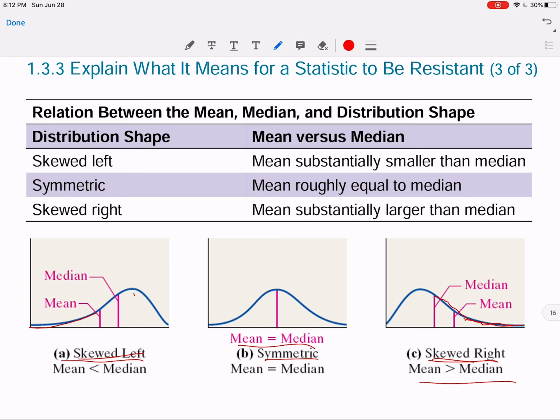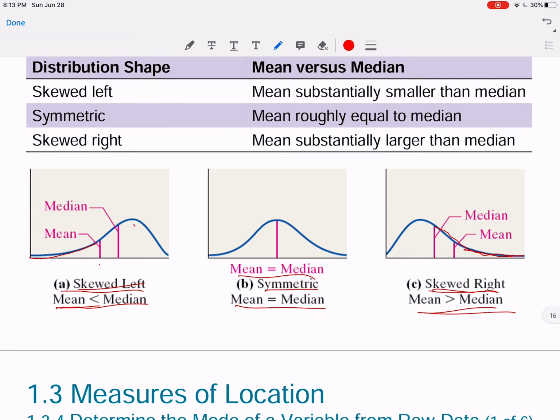So in this case, the mean is on the left of the median. Of course, the mean is less than the median in this case. So that's how we got it. If it's skewed left, the mean is less than the median, and if it's symmetric, the mean is equal to the median. If skewed right, the mean is greater than the median. That's pretty much the relationship between the mean, median, and the distribution shape.